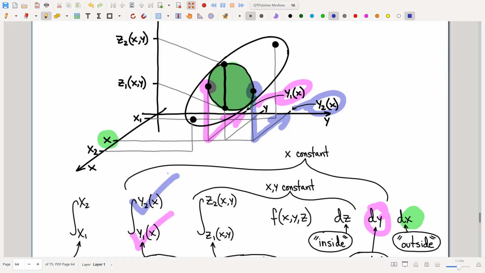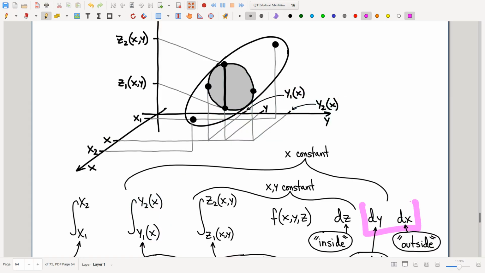Everybody happy so far? We got one last little teeny tiny bit. The last little bit is to recognize that now I've got two variables to fix. So I can't just say x and only x is fixed. Now I got to fix both x and y. And when you fix both x and y, you're basically fixing a point down here in the xy plane. You're looking only then above that point in the xy plane.